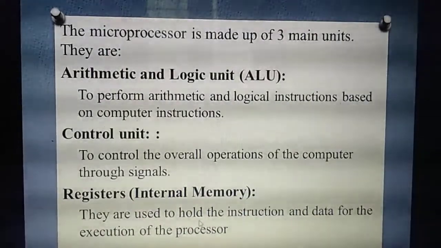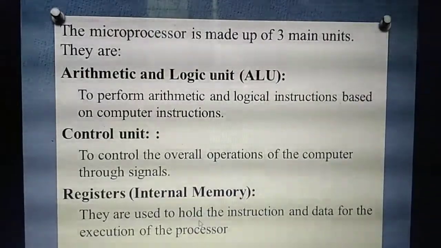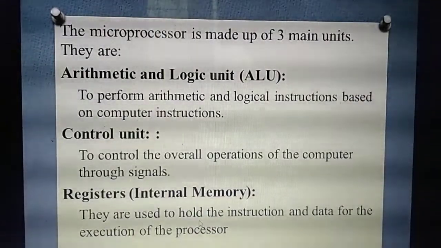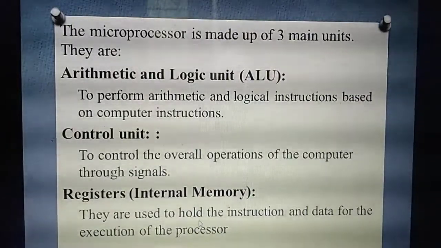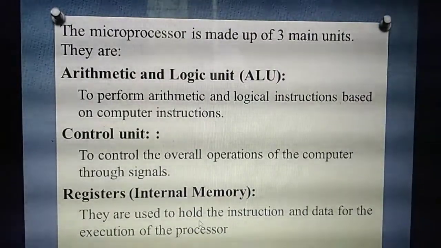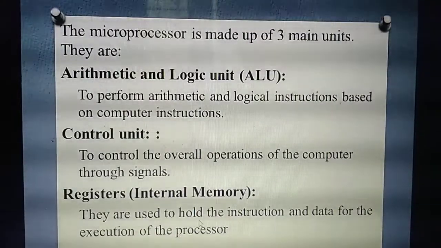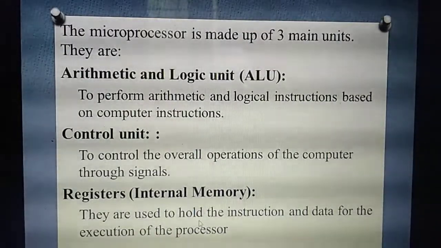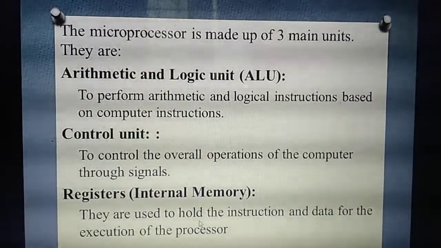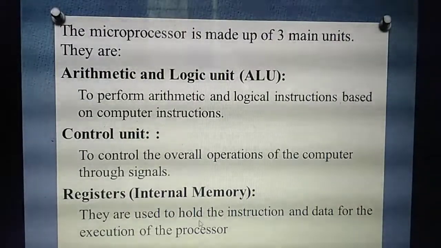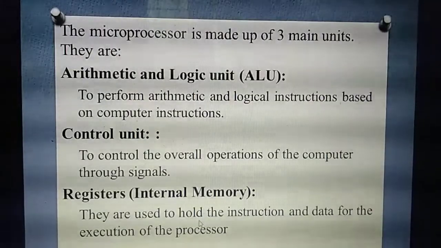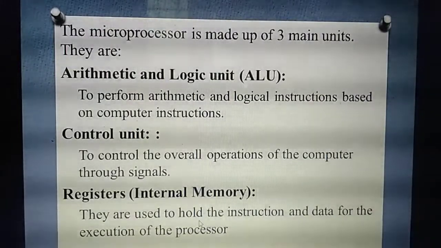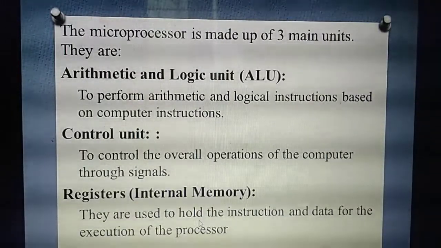What is the use of the arithmetic unit? Already you have studied it in the first chapter: to perform all the arithmetic or mathematical calculations. What is the meaning of arithmetic calculations? Addition, subtraction, multiplication, division. Based on your instruction, for example, you are going to add five numbers.